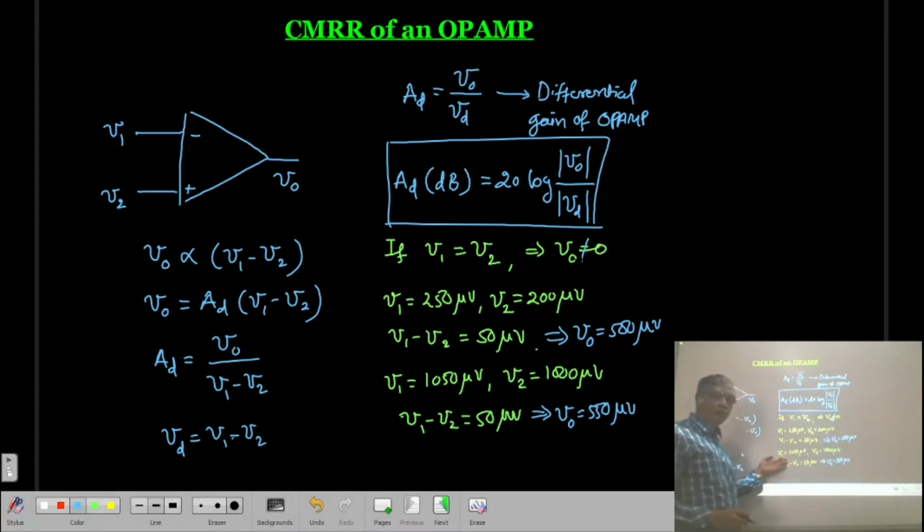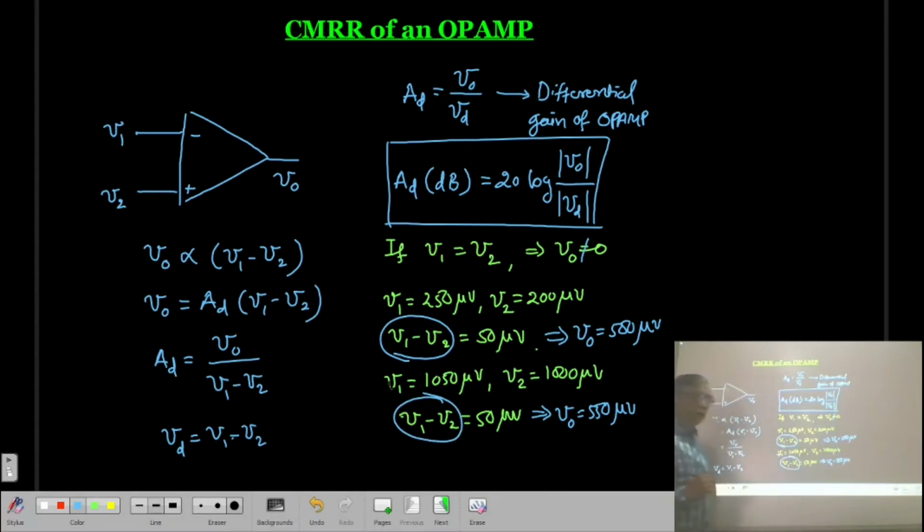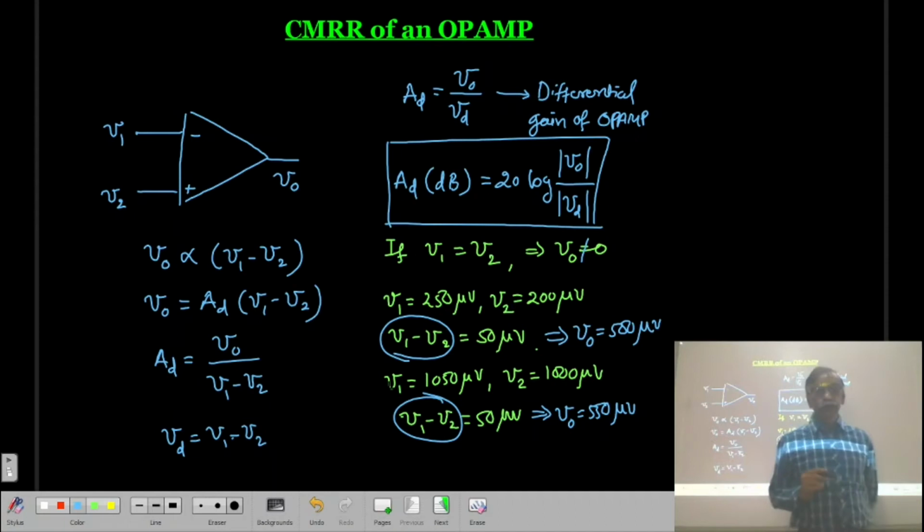For another set of input voltages where the difference is also 50 microvolt, the measured output is 550 microvolt. In both cases the output voltage should be the same, but it is not. It means the output voltage is not only depending on the difference of the two input voltages.